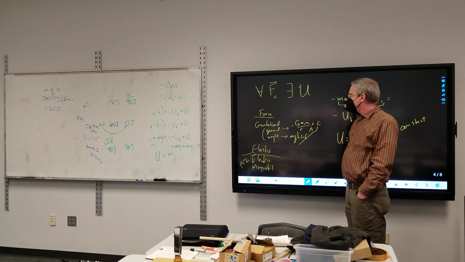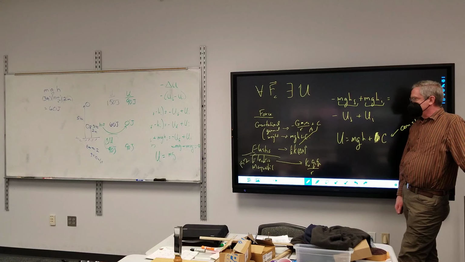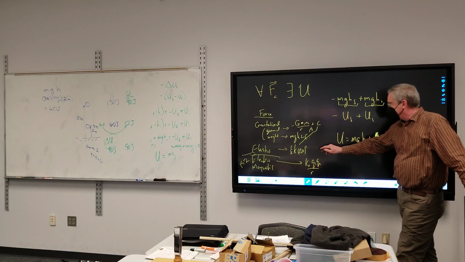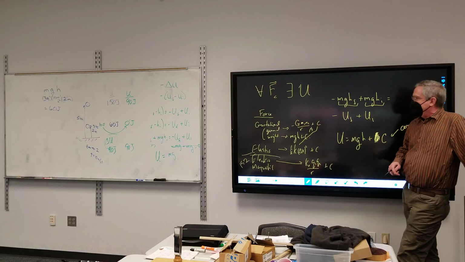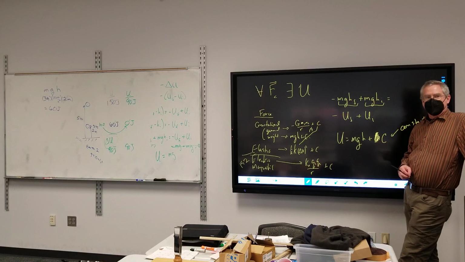And magnetic is complicated. Plus a constant. So what does the constant do for us? It allows us to make it 0 wherever we want. So we can just choose where we start the problem. Yes.